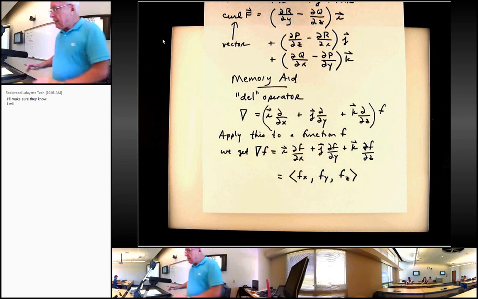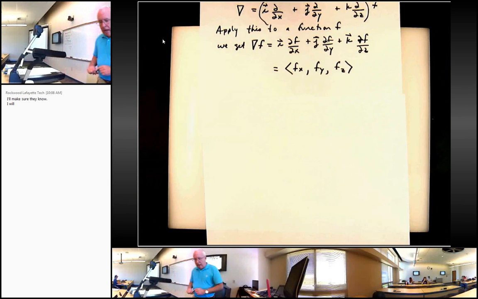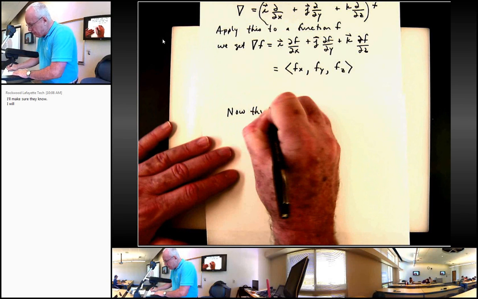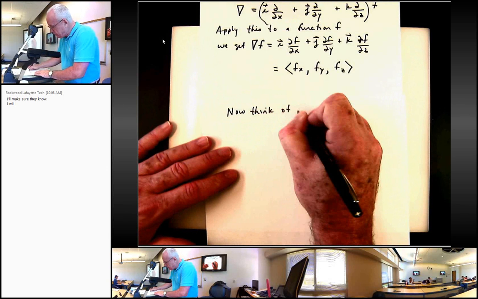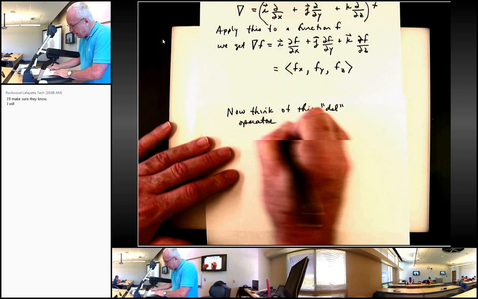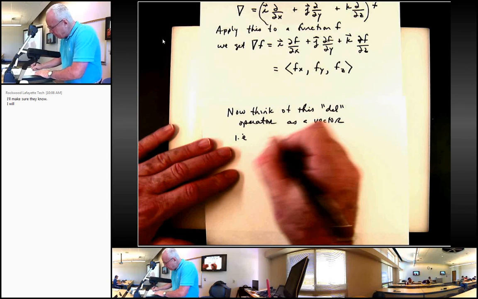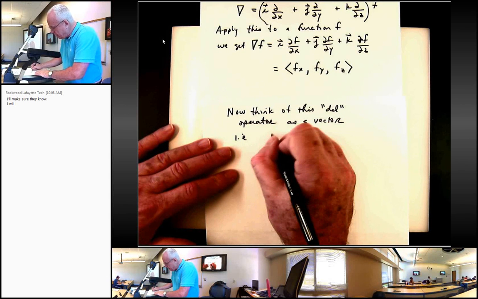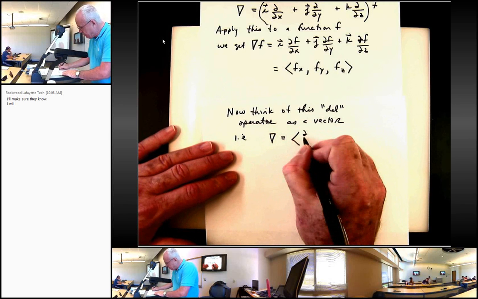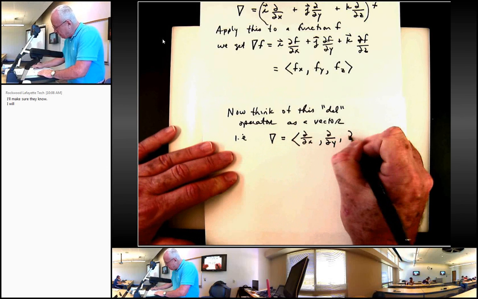Now, for this memory aid, I want you to think of this del operator as a vector, i.e., del is equal to: the first component is delta, delta x, then delta, delta y, delta, delta z.